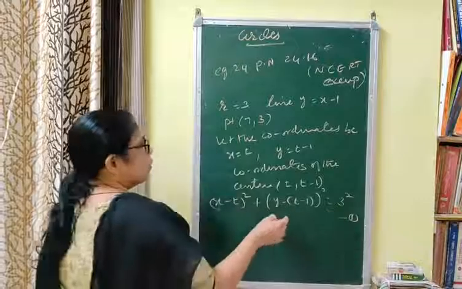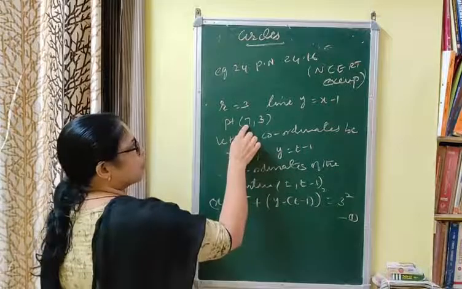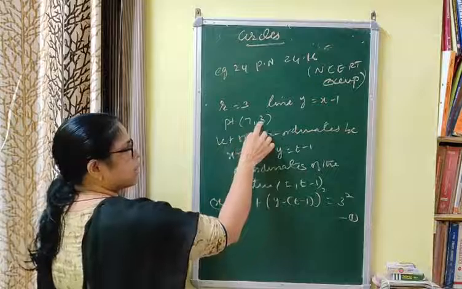For finding t, you are given that this circle passes through the point (7, 3), so you can replace x by 7 and y by 3.